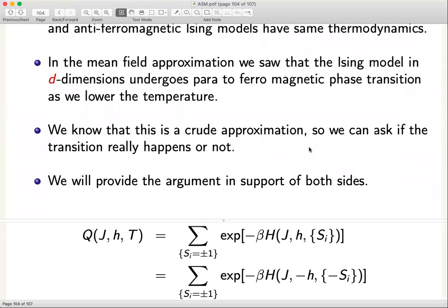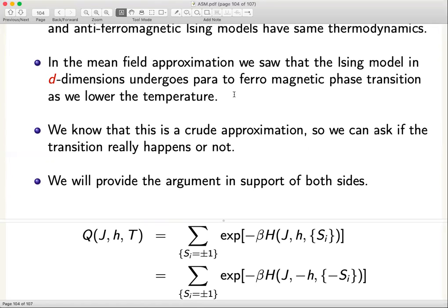So what we have seen so far is that we have done the mean field approximation to study the Ising model, and we studied this in arbitrary dimension. We did not really mention in how many dimensions, but we find that in d dimensions, in mean field approximation, the Ising model undergoes a paramagnetic to ferromagnetic phase transition as we lower the temperature.